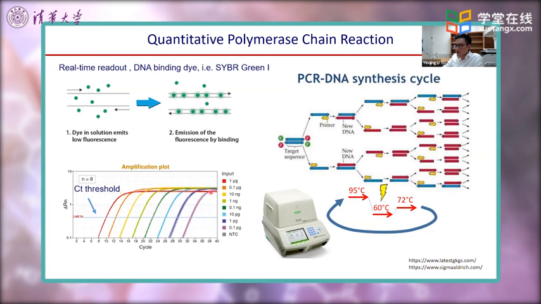And the more input we start with, the earlier this fluorescent signal will pass a preset threshold. And the lower the input, the later it will pass. At later cycles, it will pass this preset threshold. And so we'll keep track of the cycle at which the fluorescence signal passes the threshold, and we call this cycle number a CT value.